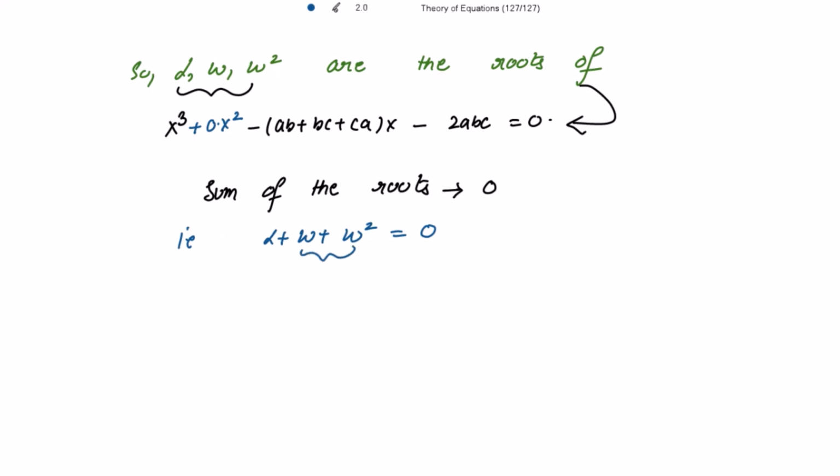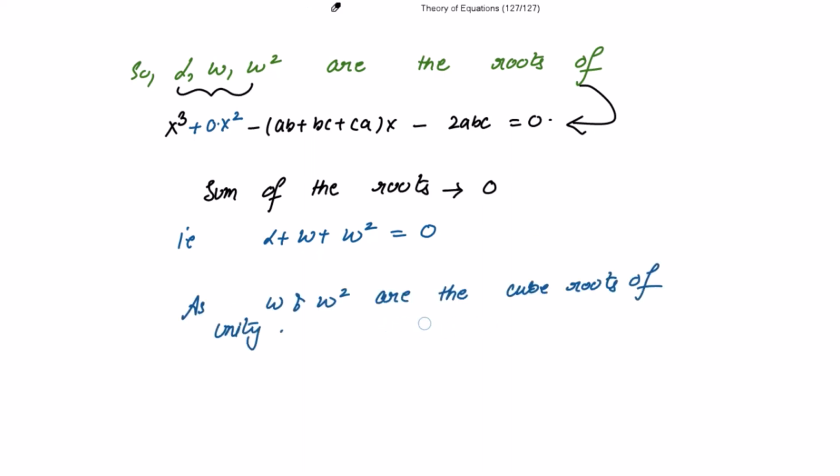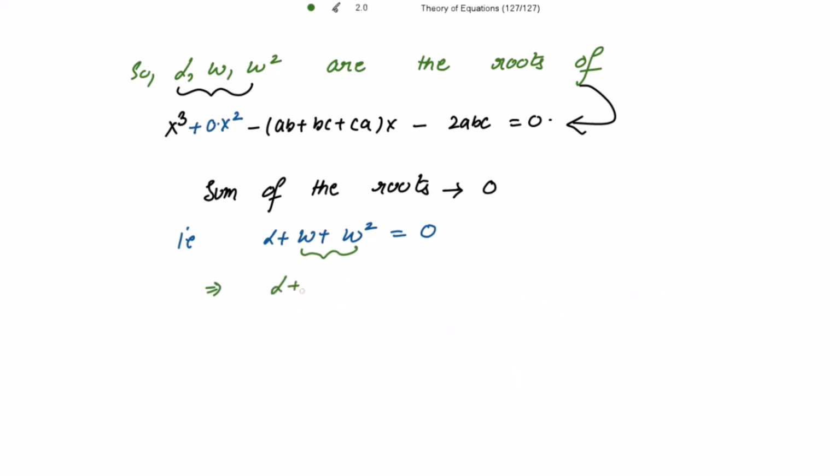The sum of omega and omega square is equal to -1, because omega and omega square are the cube roots of unity, for which the condition is 1 plus omega plus omega square equal to 0. So omega plus omega square equals -1. Putting this value, alpha plus -1 equals 0, that is alpha minus 1 equals 0, and we get alpha equal to 1.